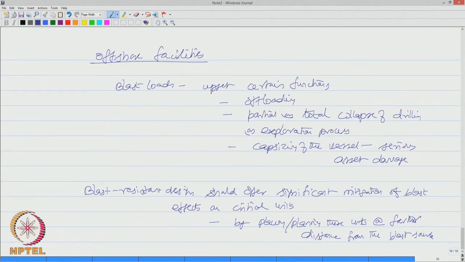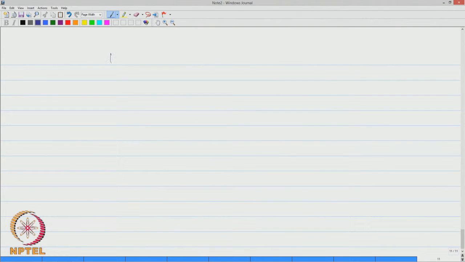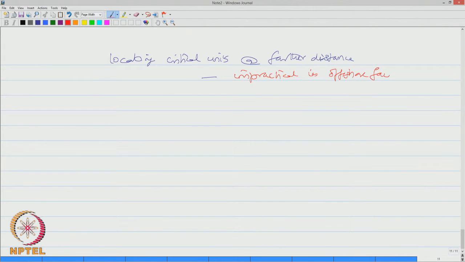But interestingly friends, locating the critical units at farther distance is practically not possible in offshore facilities. The reason being, we are looking for very compact and congested layout of all topside facilities.